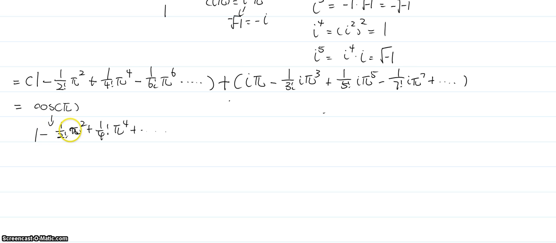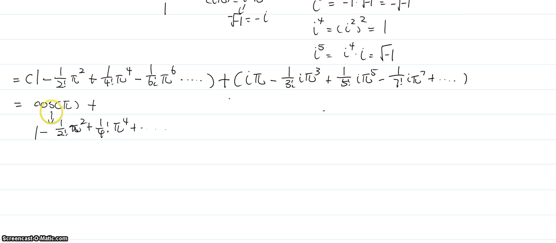So this whole chunk just became cosine of pi, because the Taylor series for cosine of pi is exactly what it shows over here.